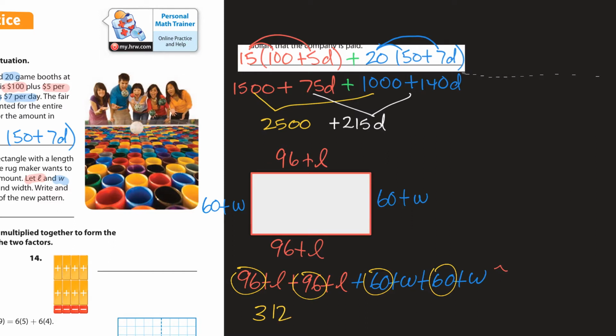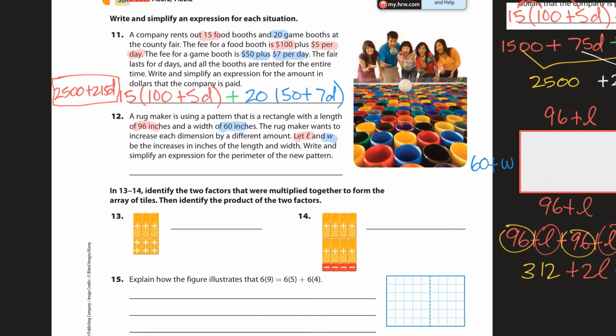And I have two L's, so plus 2L. And then I have two W's right here, so that's plus 2W. And that is our final answer. Let me put that over here: 312 plus 2L plus 2W.